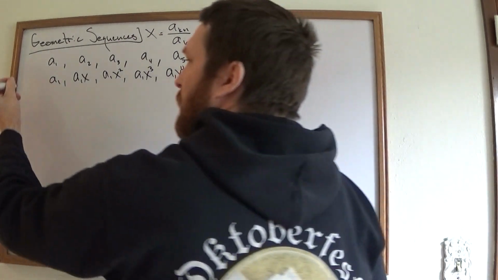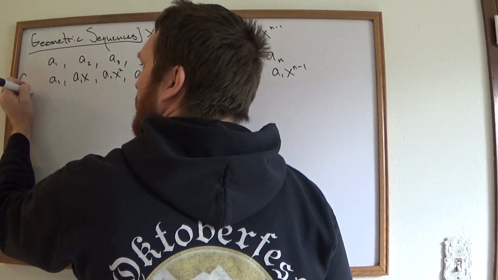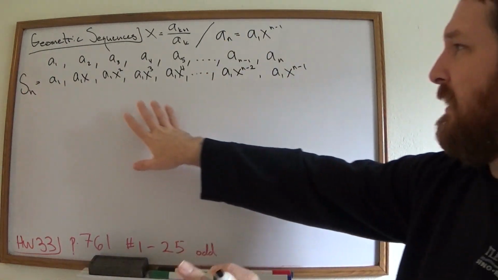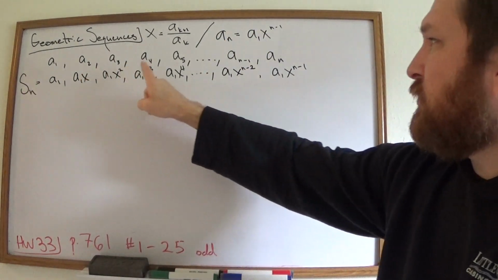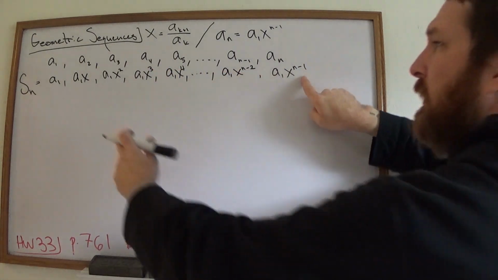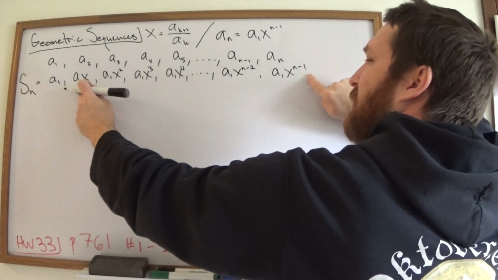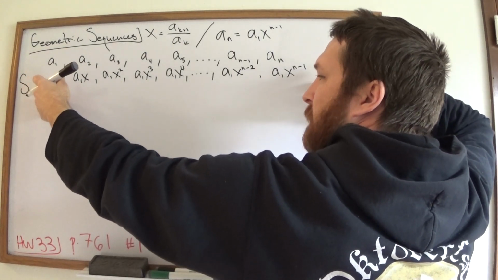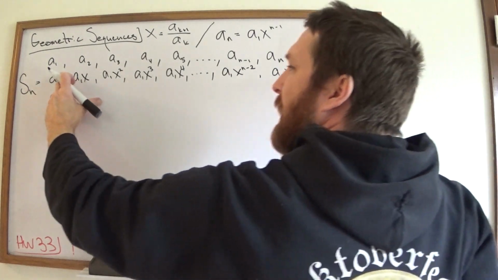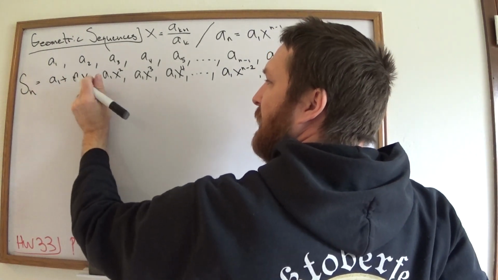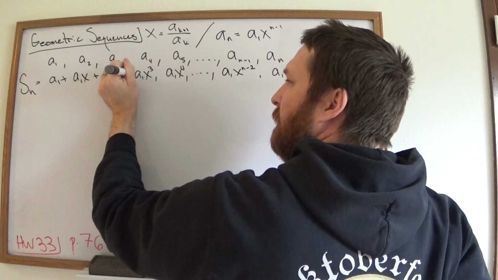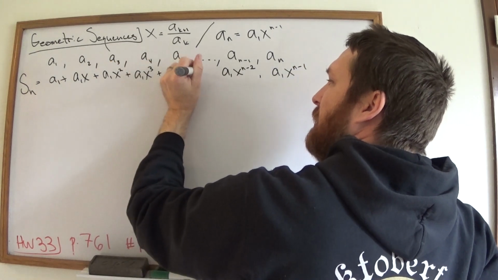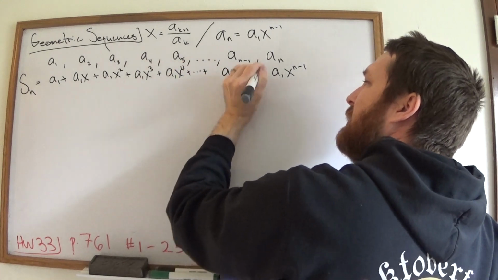In other words, I want to take each one of these n terms, and let's make sure there are n of them. If that's 1, 2, 3, 4, all the way up to n minus 1, there's n minus 1 of them, and then you're adding on one more, so you have a total of n of them. And we want to add them up, so instead of having commas here, we're just saying plus all these together. That's all a sum is.